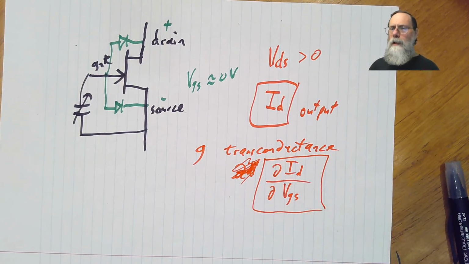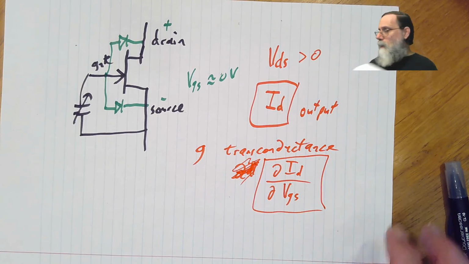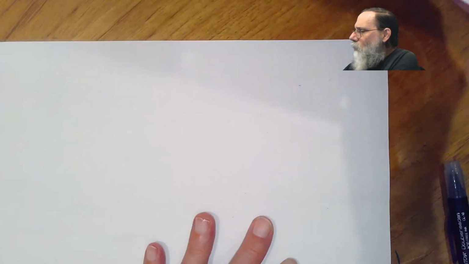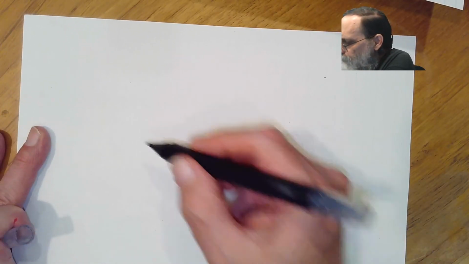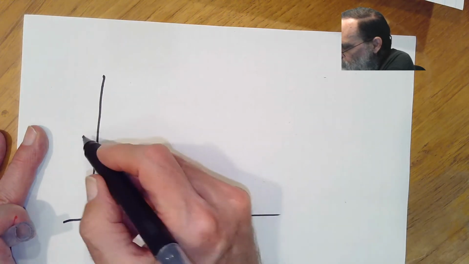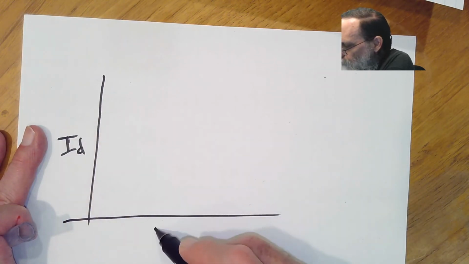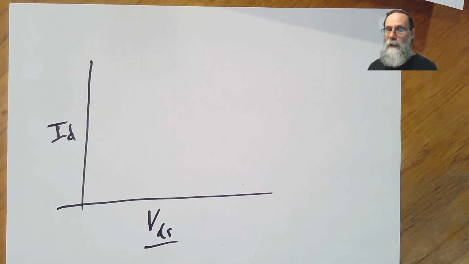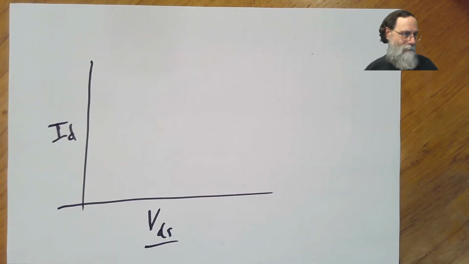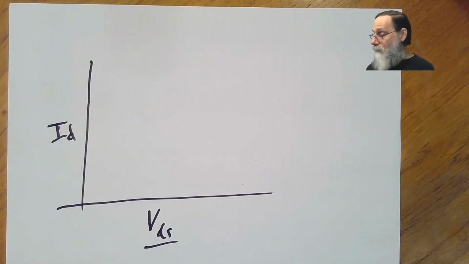Okay, so we're interested in this transconductance. In fact, we're interested in the entire sort of what is the current with respect to the drain to source voltage. That's basically all we can see from the outside. So let's take a look at what that is. If we plot drain current versus drain to source voltage, so now we're looking at just the things that we can measure, not the gate to source voltage, because that is not accessible to us.